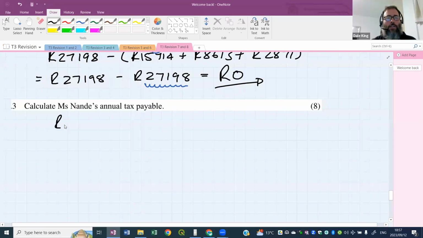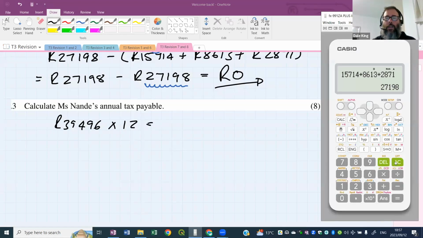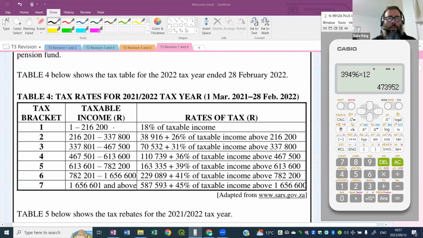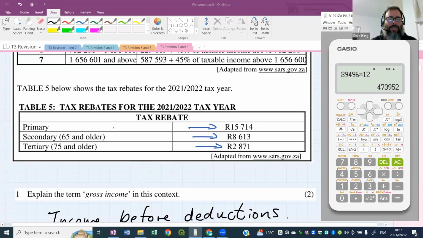39,486 times 12, and this will give us an annual income. I think I wrote the number wrong. Let me check. 39,486.